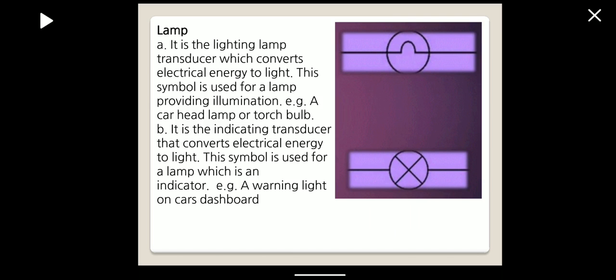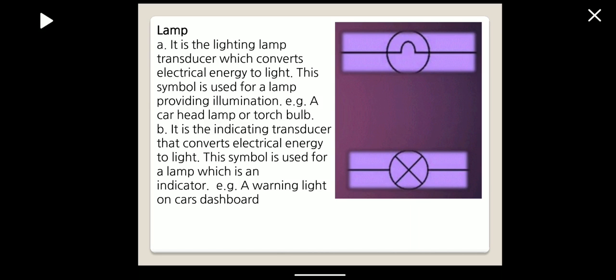Next is lamp. It is a lighting lamp transducer which converts electrical energy into light. This symbol is used for the lamp providing illumination. For example, a car head lamp or the torch bulb.